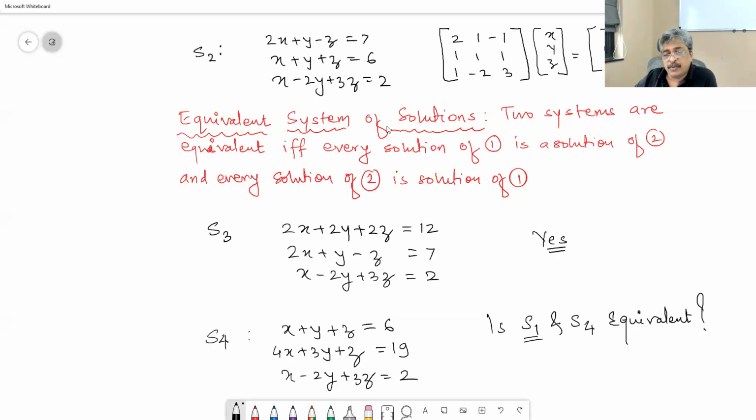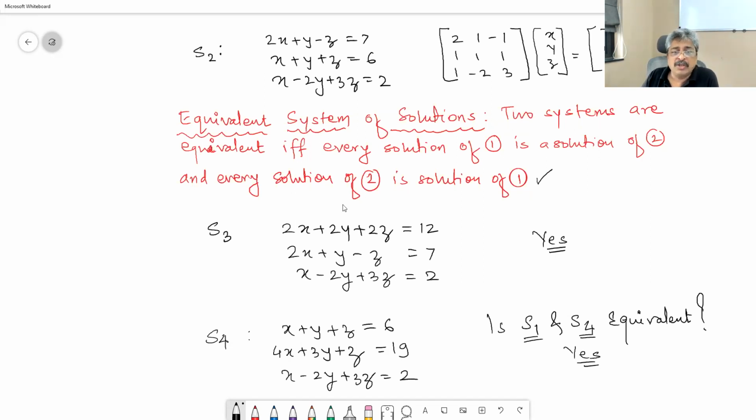Yes, S1 and S4 are also equivalent because the solution set of S4 will of course satisfy S1, and the solution set of S1 will satisfy S4. So it follows the definition, and hence these systems are equivalent.